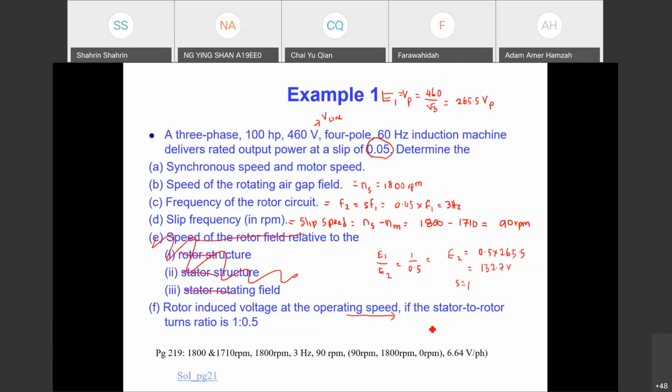So meaning that the voltage induced at the rotor is S E2, which is S is 0.05 multiplied with E2 during standstill, 132.7. So this one is equal to 6.64 volt per phase. Okay. I hope you understand this one.